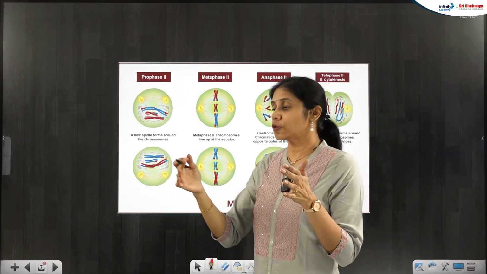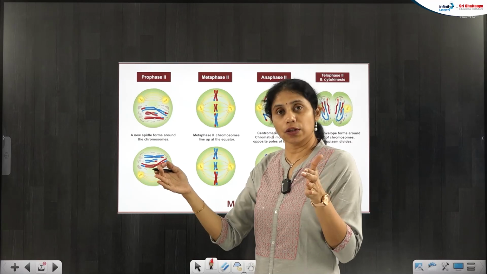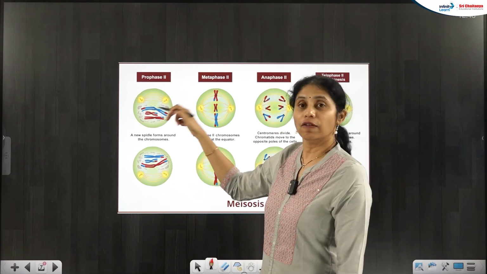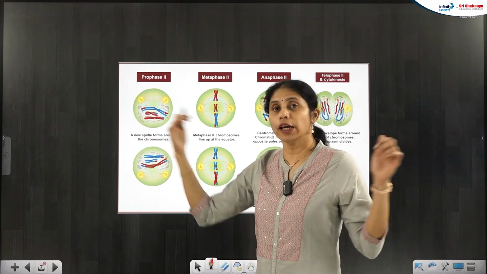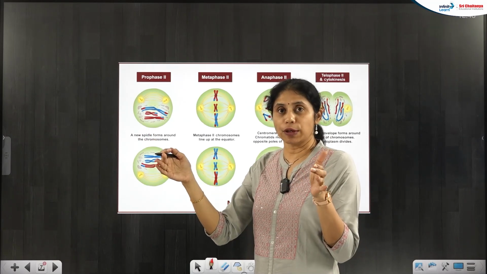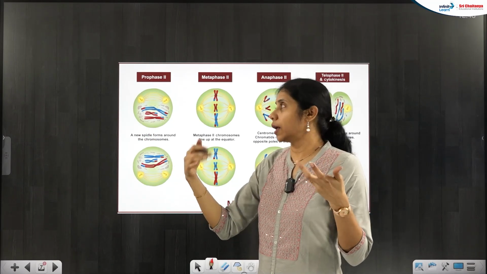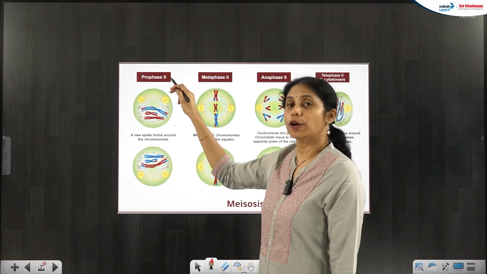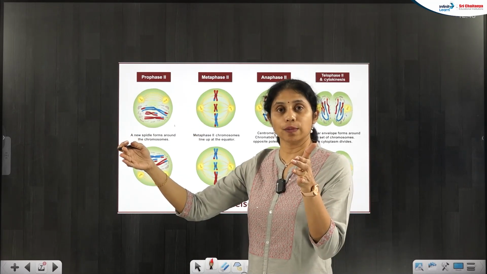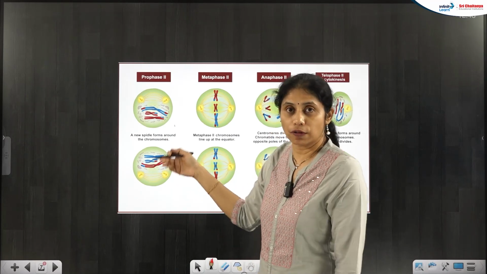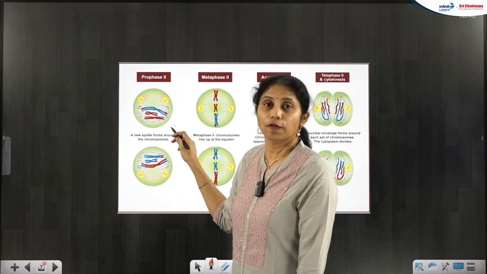Before the chromosomes are fully extended, up to this much expansion only, the cell will enter into prophase 2. That means chromosomes do not reach the fully extended state, only this medium size extension, and immediately after that the cell will enter into prophase 2, where the chromatin which got extended this much will start undergoing condensation further, and again chromosomes are formed.